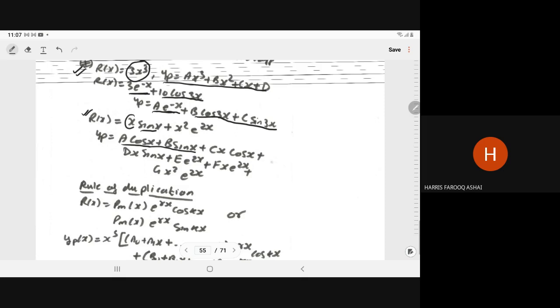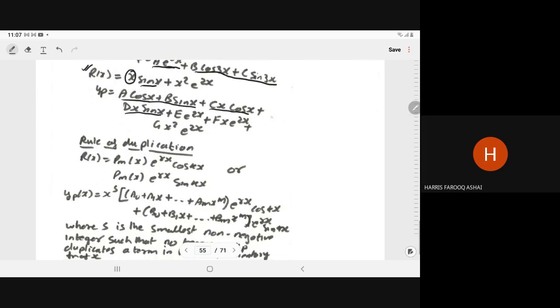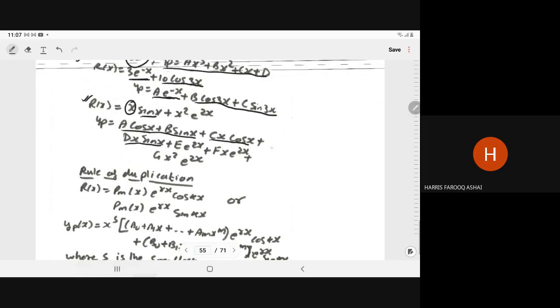Due to the multiplication by x, we take C x cos x and D x sin x. Exactly what we are doing here is writing (A plus Cx) cos x plus (B plus Dx) sin x.